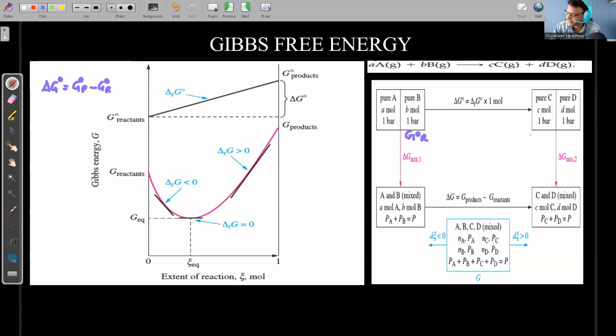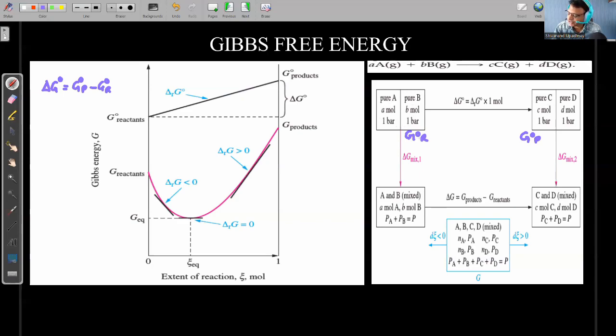Same way, when we are discussing what is G naught of product, G naught of product is again the products C and D should be in pure form, and their moles is equal to the stoichiometric coefficient of the balanced reaction, and they are respectively at pressure 1 bar and 1 bar. So definitely here they are not present in the form of a mixture, they are in pure form.